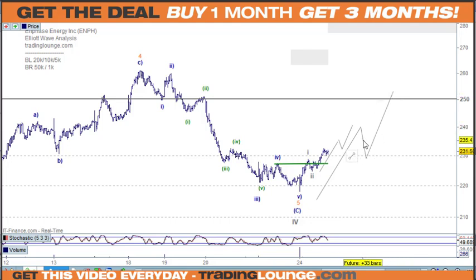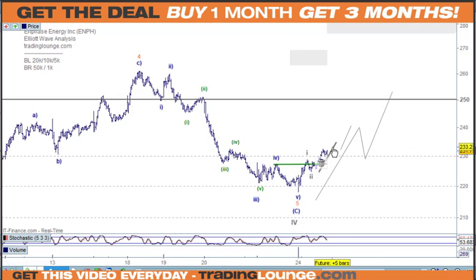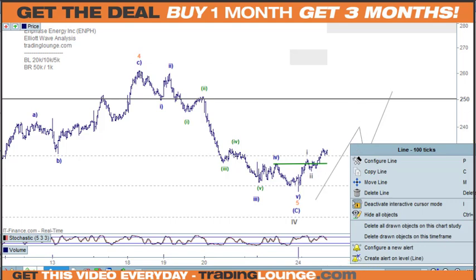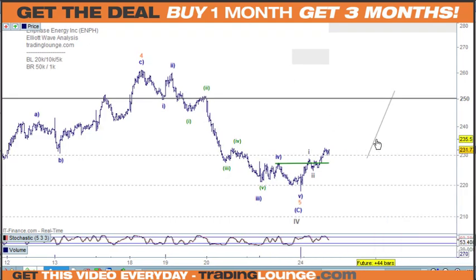So the next trade that we put in here, I mean, this was really high risk, but the next trade would be looking for this move up here in 5 waves, say to somewhere up here, and then looking back for an A wave, a B wave, and a C wave.